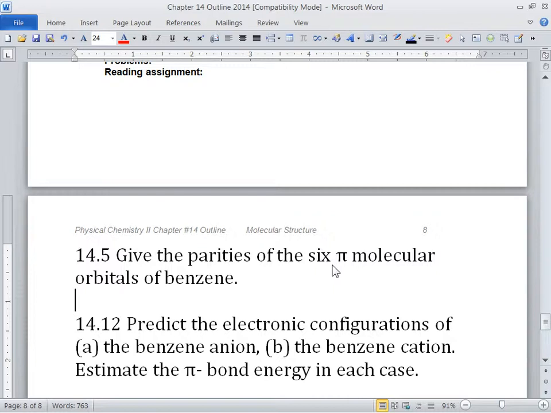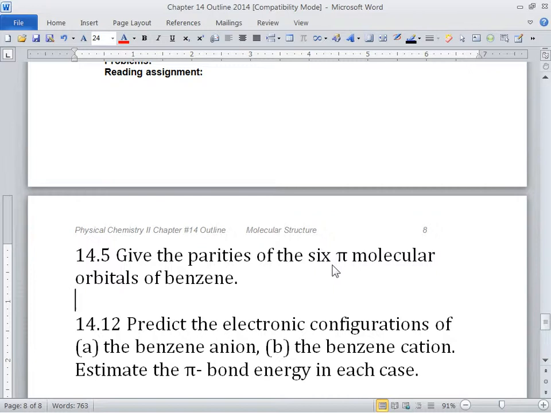14 what? Oh, you got a book. What does it say on that page?